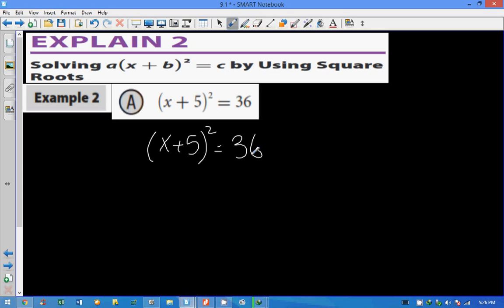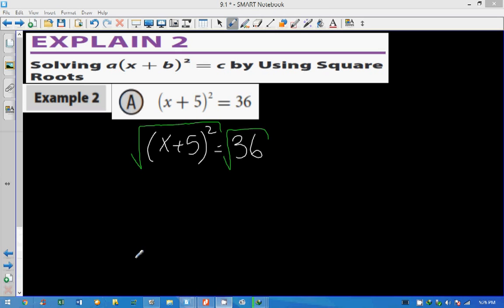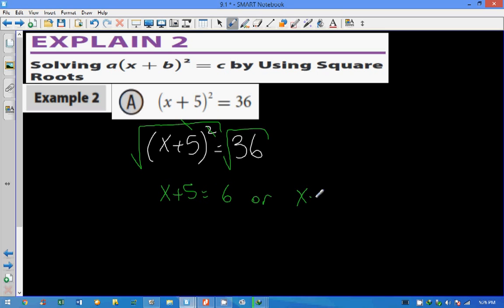So when we take the square root on both sides, the square and root cancel each other out. x plus 5 is equal to the root of 36, which can be positive 6, or x plus 5 can be equal to negative 6.